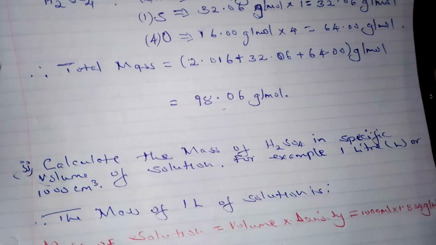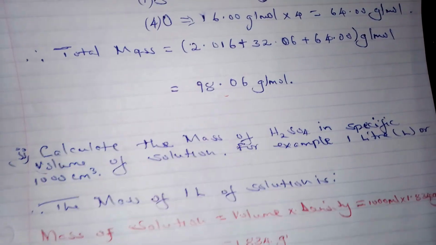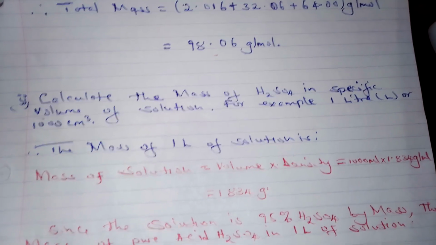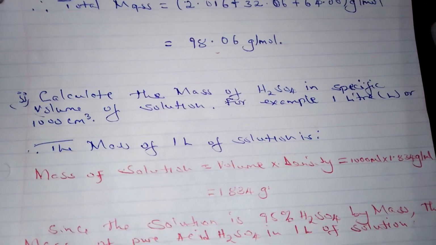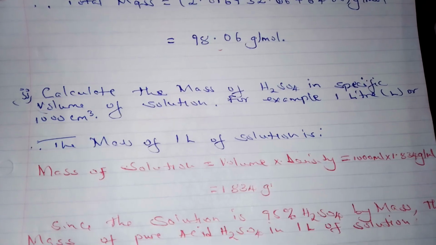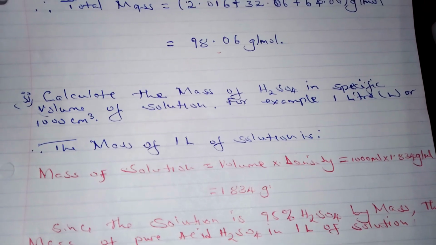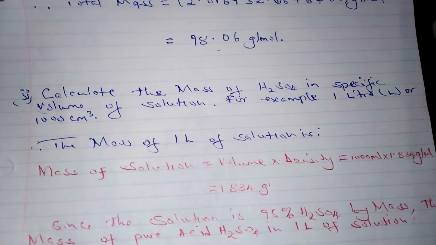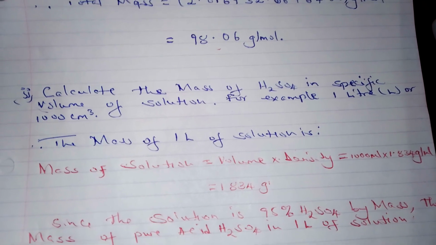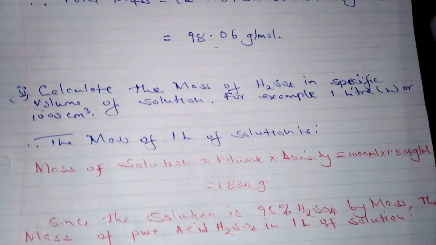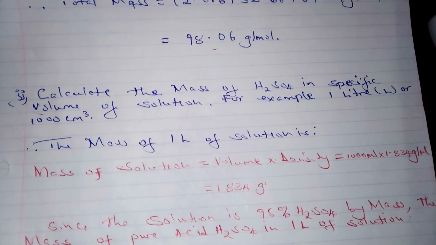The mass of a solution is equal to the volume times the density. So you take the density of the sulfuric acid and multiply it by 1,000 cubic centimeters, or 1,000 milliliters, which is 1,000 times 1.834 grams per milliliter. It gives us 1,834 grams.